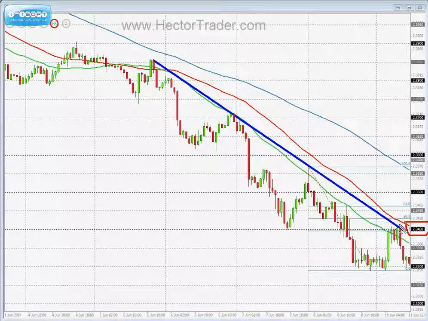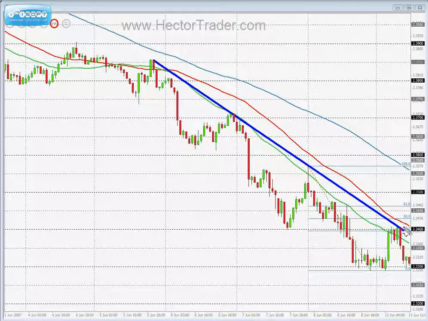We have the 38% Fibonacci retracement of this whole swing down. And moreover, we have the previous swing low, former support, now working as resistance right there as well. Guys, it's basically the same thing.